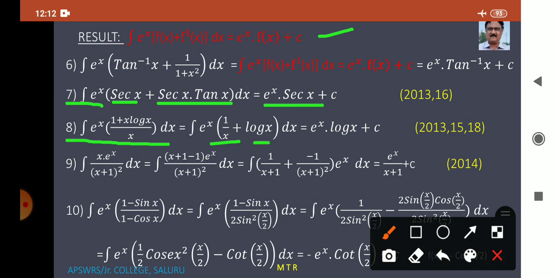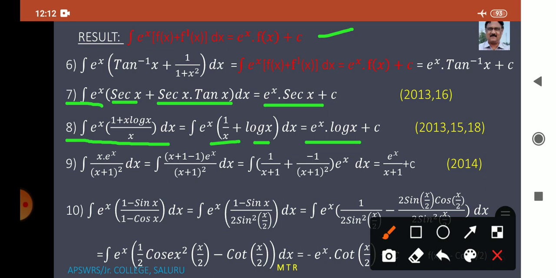Here what is the function f of x such that the derivative of that function is also a part of this problem? Yes, if log x is our function f of x, the derivative of log x is 1 by x. So we put log x as our function f of x. So the answer is e power x into f of x, so e power x into log x plus c. Okay.